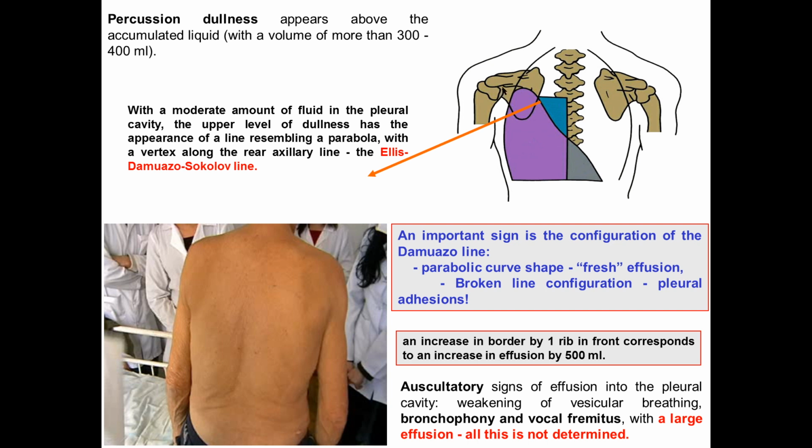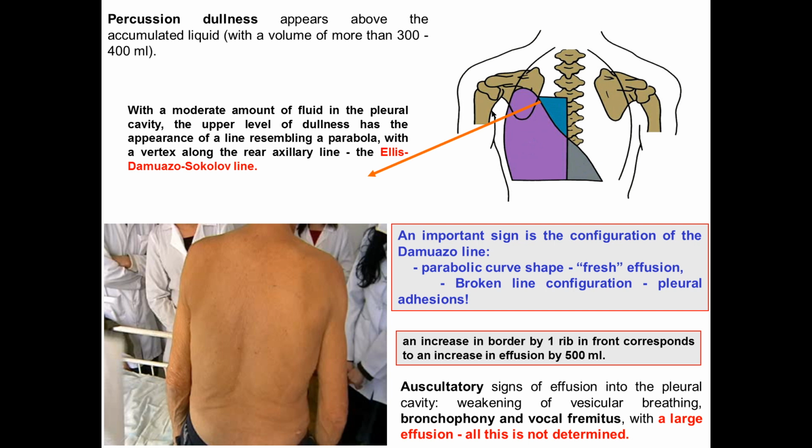An important sign is the configuration of the Damoiseau line. Parabolic, this curve shape gives us information about fresh effusion, whereas pleural adhesion or old pleural accumulation of fluid gives us a broken line configuration.